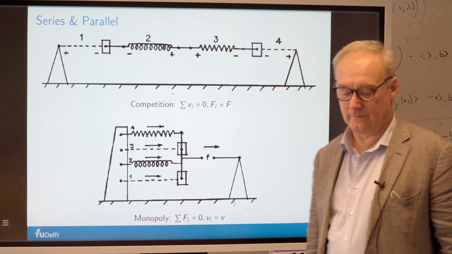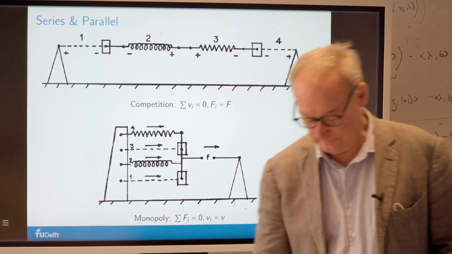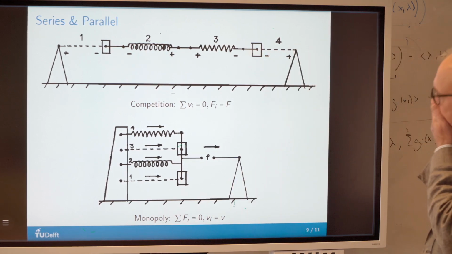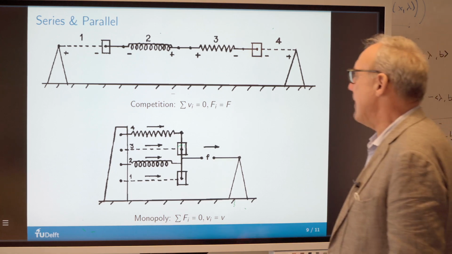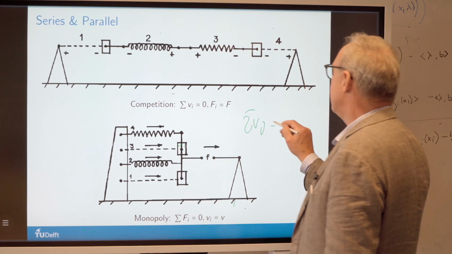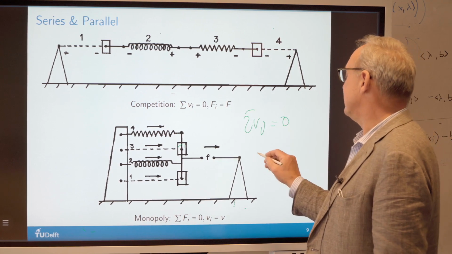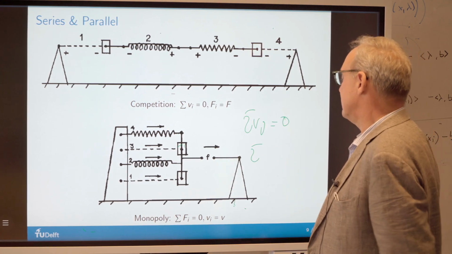Same as with resistors: in series, you have to go through each of them step by step, but in parallel you can just pick one and let the other go. So that is why it's less than the total, but with a 1 over, it's also less than one individual.